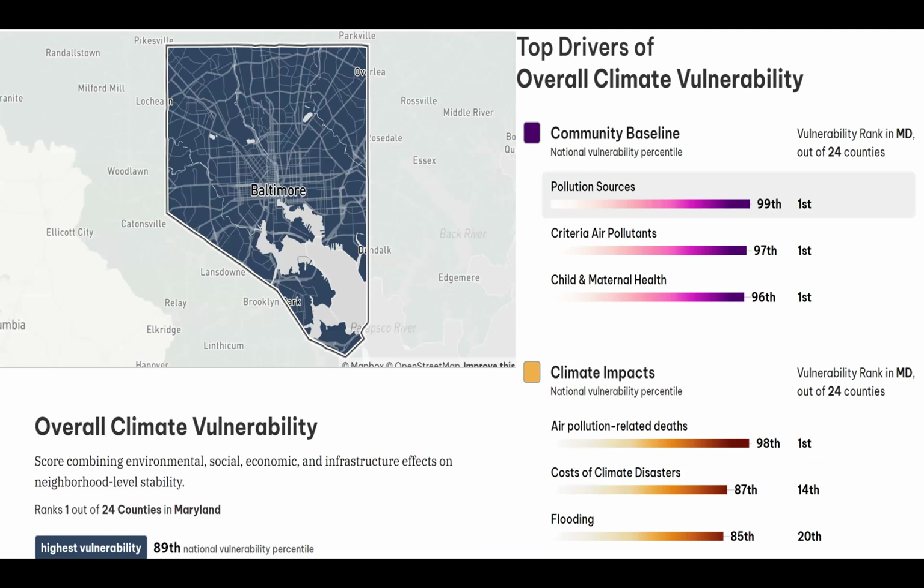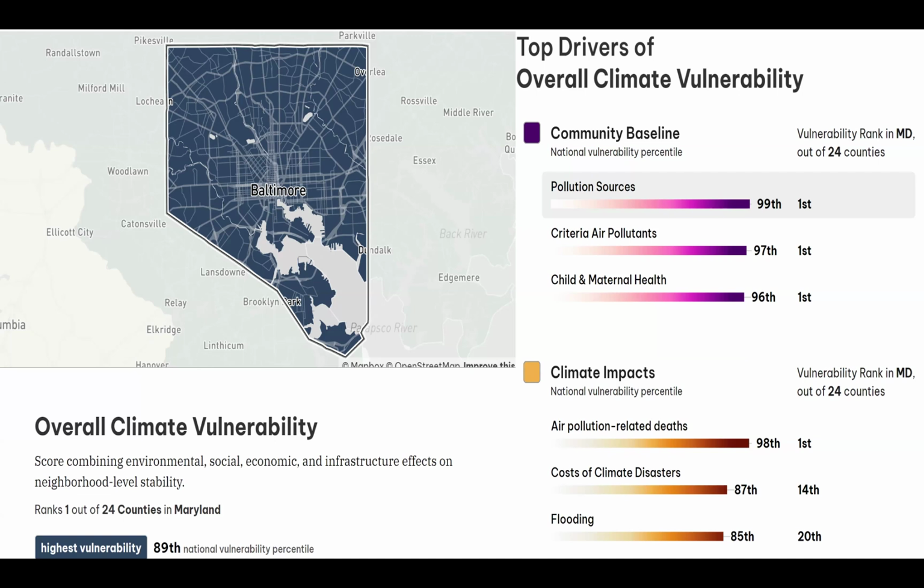What if we zoom into Baltimore and see what's happening in Baltimore City? Maryland has 24 counties. Out of those 24 counties, Baltimore is number 1 in pollution sources. It's number 1 in air pollutants. Number 1 in child and maternal health.